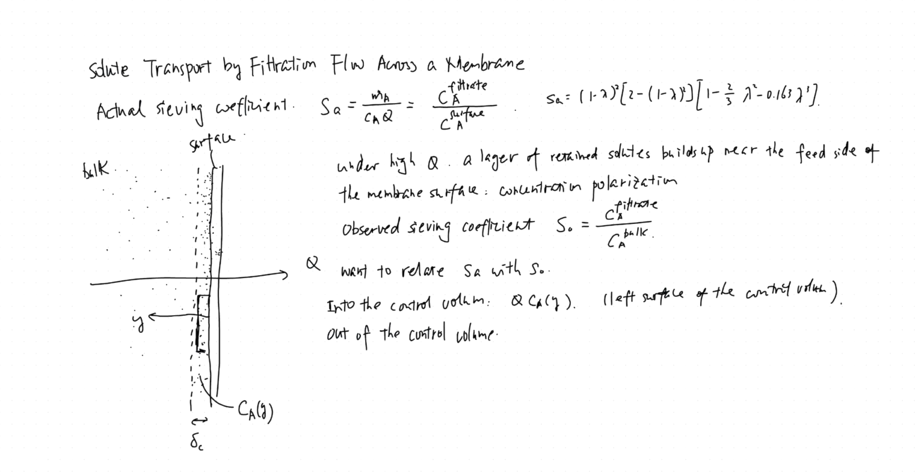On the left-hand side, you have diffusion, because if you have a concentration polarization, you have high concentration close to the membrane and low concentration in the bulk, so there will be a diffusion process. So the flux out would be minus D naught, where D naught is the diffusion coefficient in a solvent.